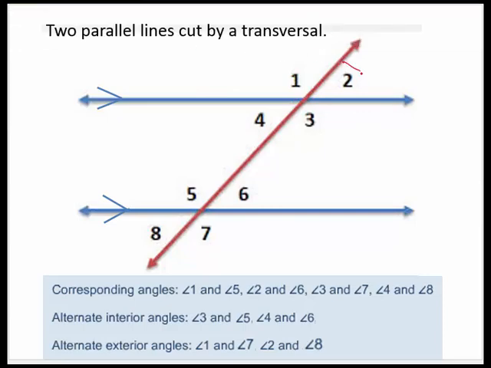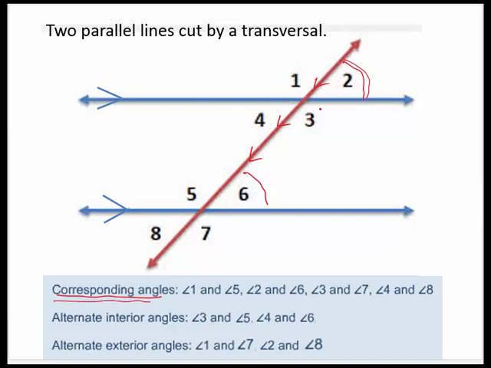So angle 2, if I slid it right down this red line, if I kept sliding that angle right down that line, it would fit perfectly right on top of angle 6. Angle 2 corresponds to angle 6. So they're called corresponding angles.